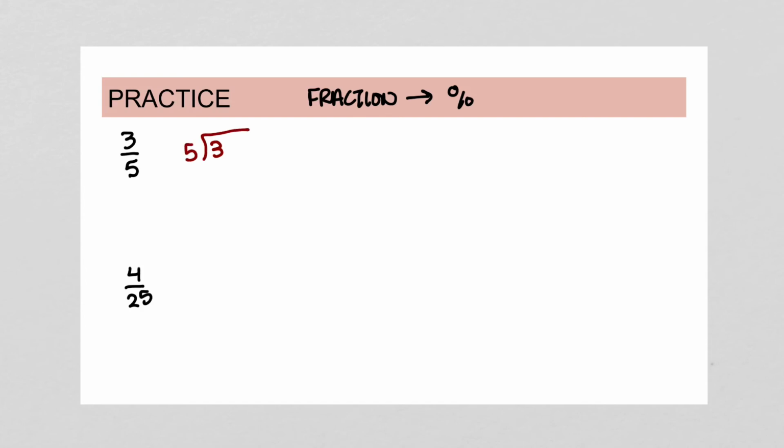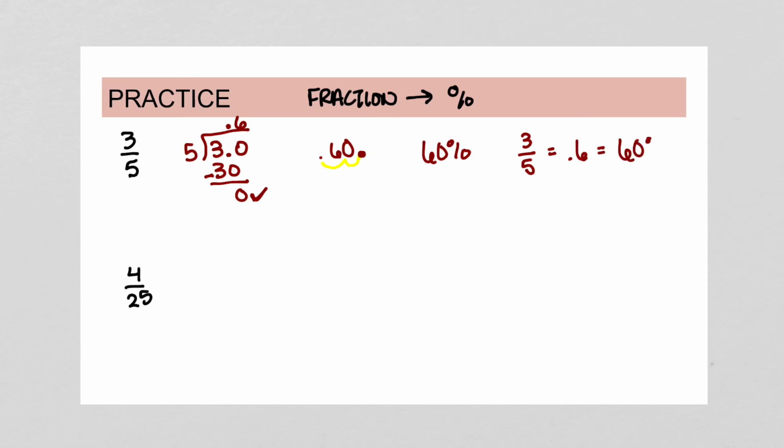Well, that's too big, so I'm going to put my decimal there. 5 doesn't go into 3, but 5 does go into 30 6 times. 6 times 5 is 30. When I subtract those, no remainder, I'm done. So now I've got 0.6, and the next step is to move the decimal 2 places over, right? And remember that if there is an empty basket there, I have to fill it with a 0. So I have 60%. So I know that 3/5 is the same thing as 0.6, which is the same thing as 60%.